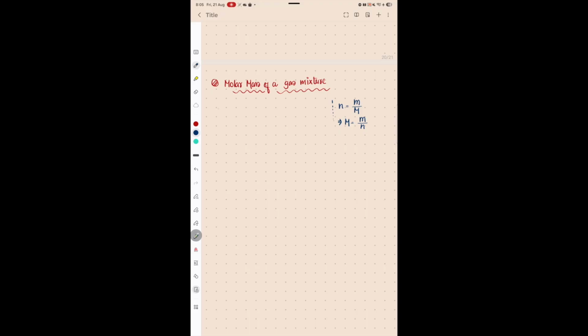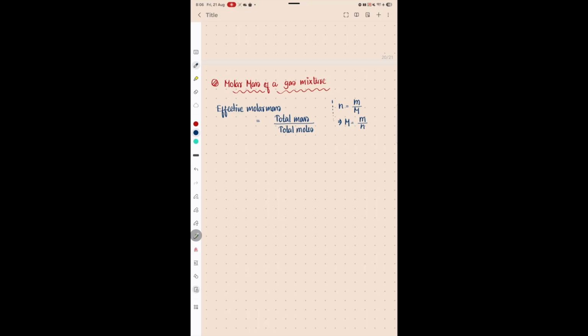So here similarly effective molar mass is equal to total mass upon total moles, right?